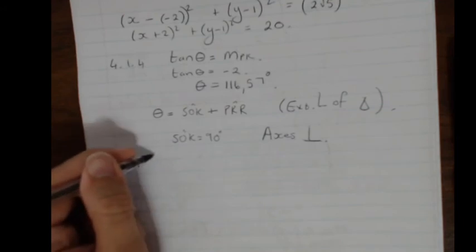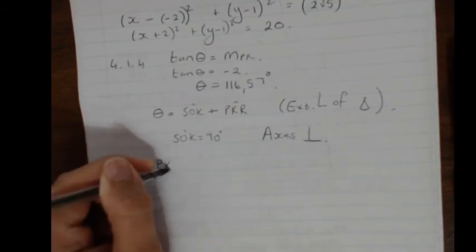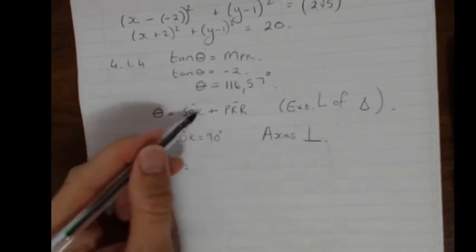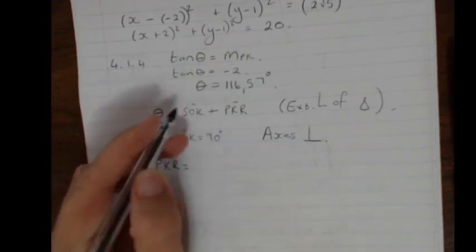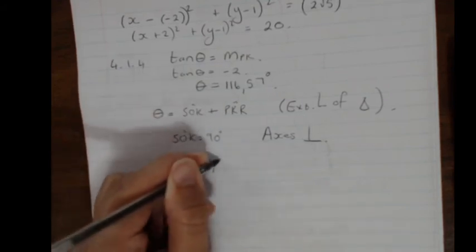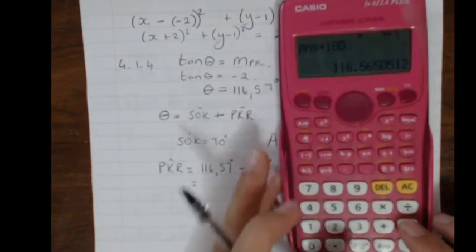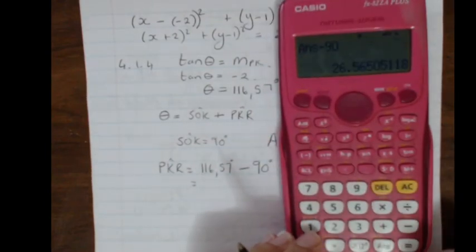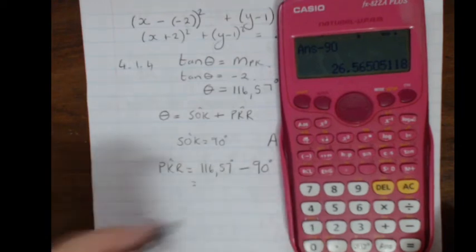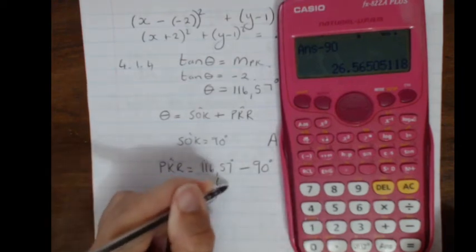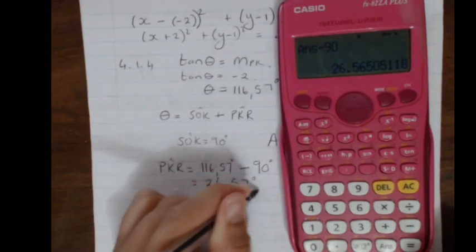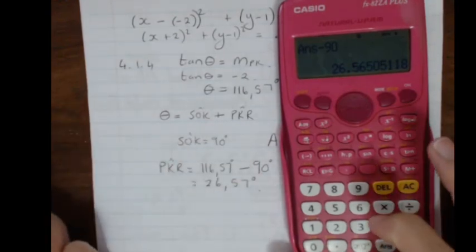That means that PKR is equal to theta minus SOK, which is 90. I still have theta on my calculator, so I'm just going to subtract 90 there, giving me 26.565, rounding it off to 26.57 degrees. Okay, that's question 4.1.4.